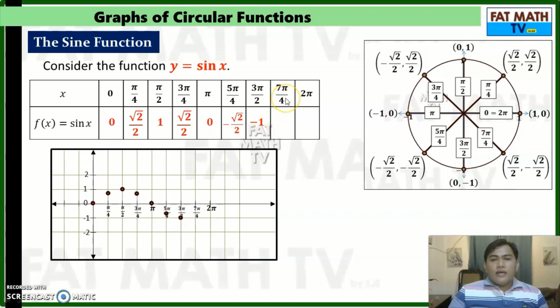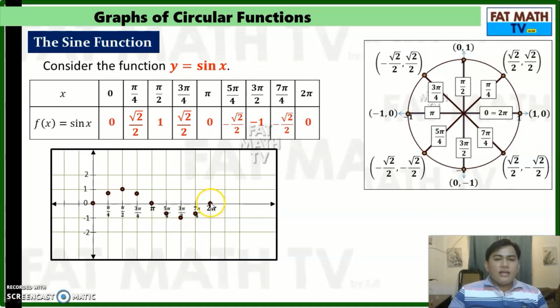And then when x is 7 pi over 4, we have negative 0.7. So if x is 7 pi over 4, negative 0.7 is here. And then when x is 2 pi, the sine of 2 pi is 0. So 2 pi, 0 is in this point.